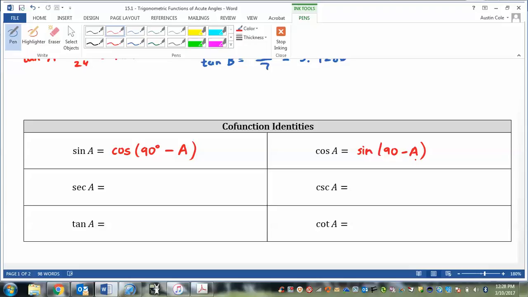Freaking had these all nice and organized. Okay? Secant and cosecant go together.